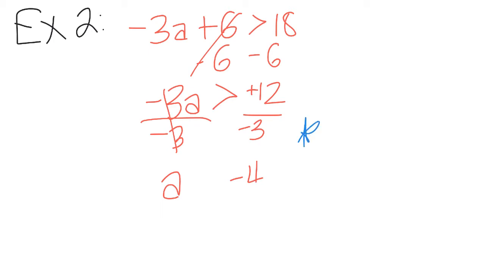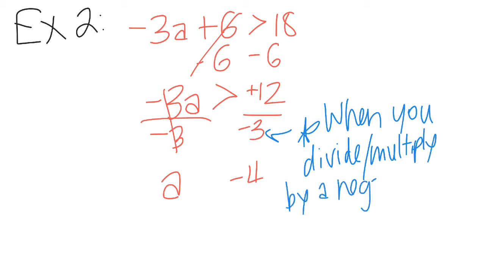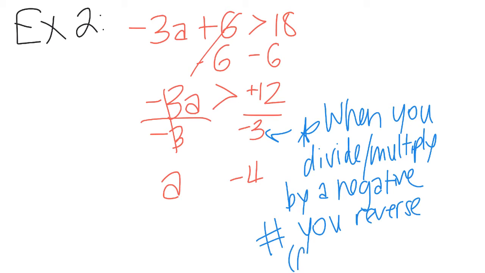However, this is an important step, and it's important to note: when you divide by a negative, or when you multiply by a negative, you reverse, or you could say flip, the inequality symbol.